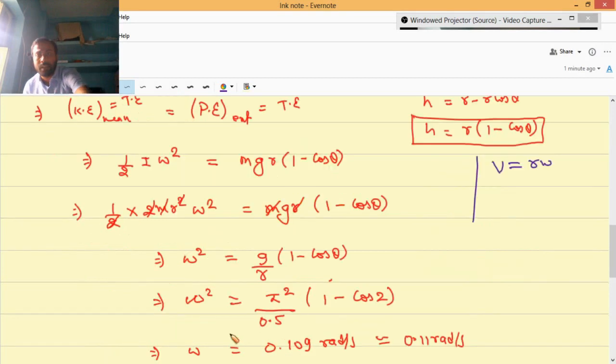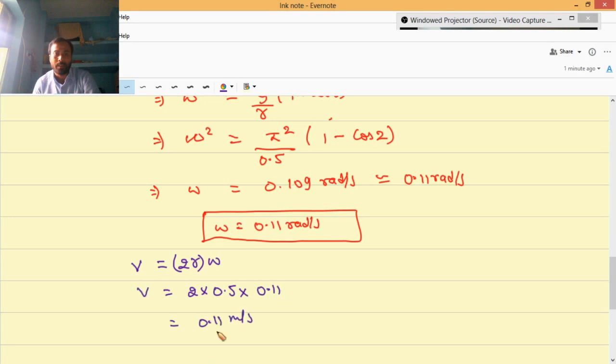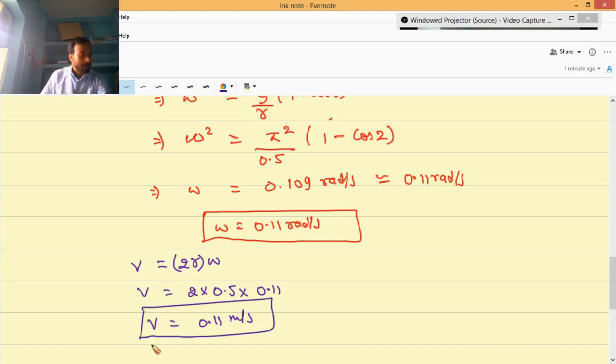Since we have evaluated omega, we can very easily evaluate v, that will be 2r into omega. Here the r value is 0.5 in meters, and omega is 0.11, so the v value is 0.11 meter per second. So this should be the answer for part B.